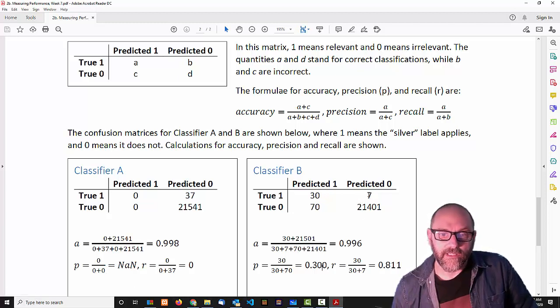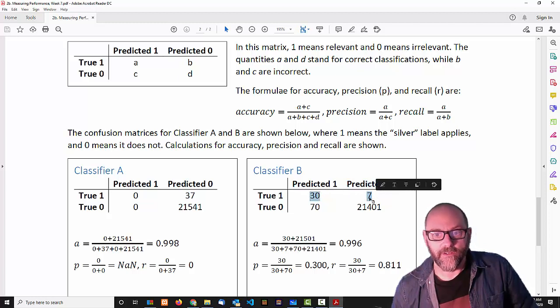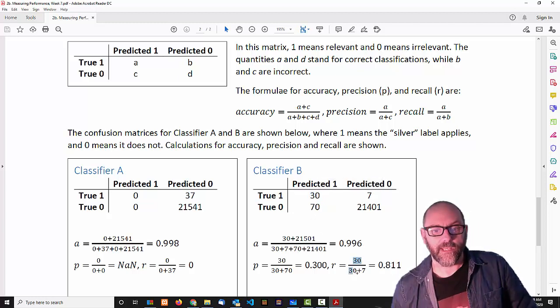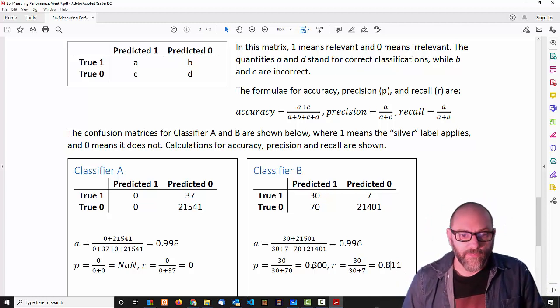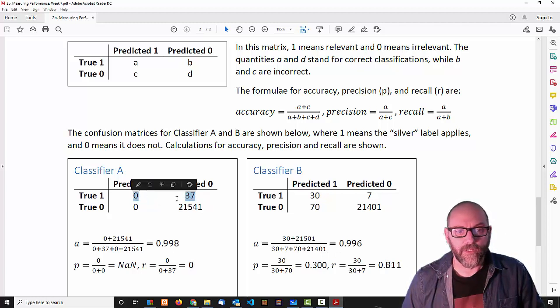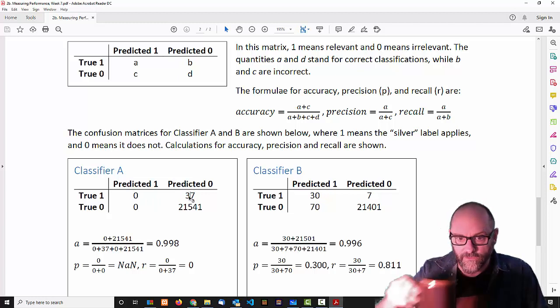And then recall is, we look at this column, with this row here, and we say, of the total number of actual silver documents, what proportion did you say were silver? So I was correct 30 times out of the 37 possible documents I was trying to find, and that gives me a 0.811. So precision is 0.3, recall is 0.811. Over here, recall is 0, right? Because I got 0 correct out of the 37 that were actually silver.